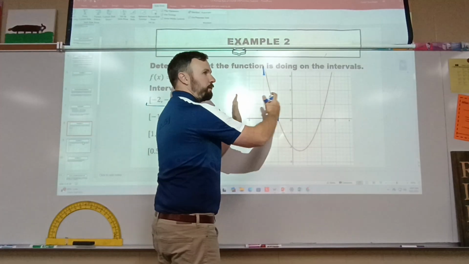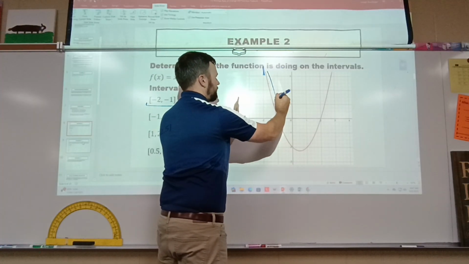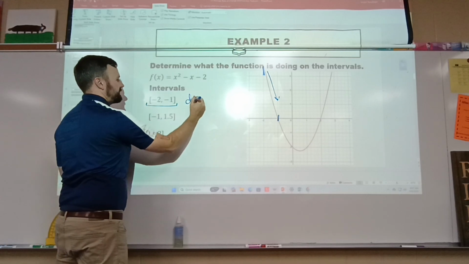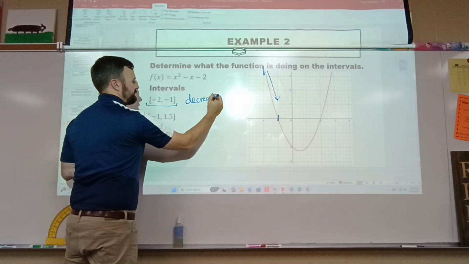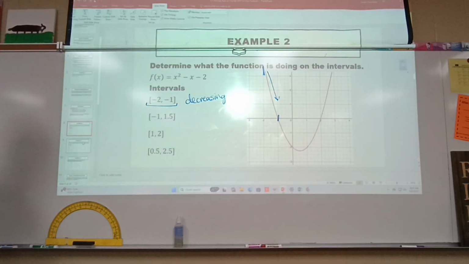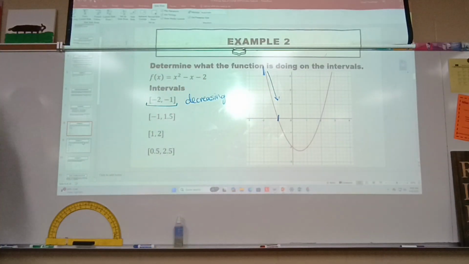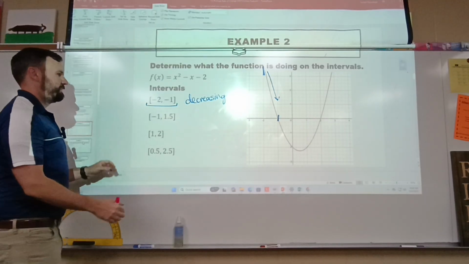And when you read this, read it like a book, right? We always go left to right. So it is going down. It is decreasing. Does that make sense? You just look at it. Went down.